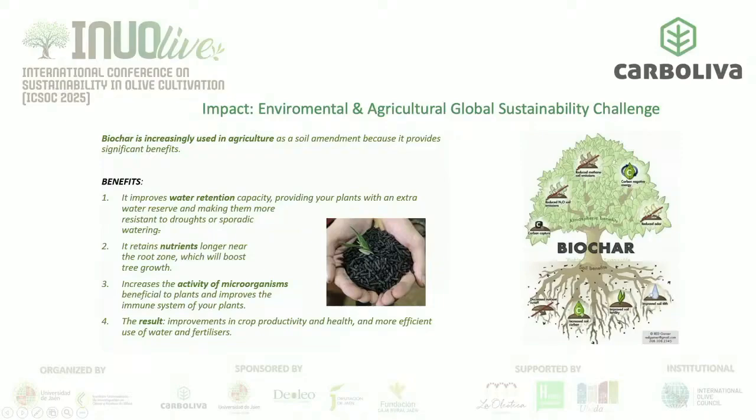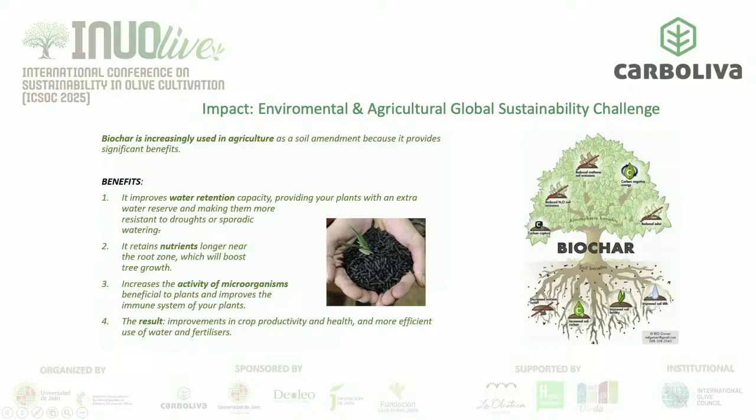I'm not a researcher, but you know the properties of the biochar. It is increasingly used in agriculture and soil amendment because it provides significant benefits. It improves water retention capacity, providing your plants with an extra water reserve and making them more resistant to droughts or sporadic watering.